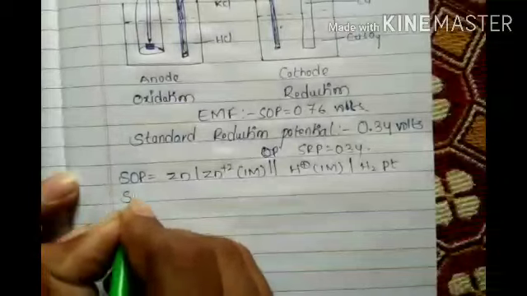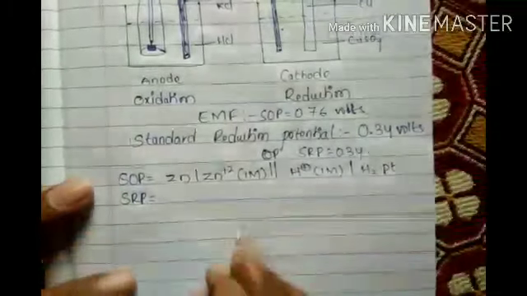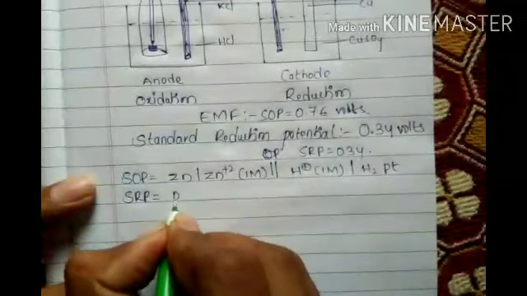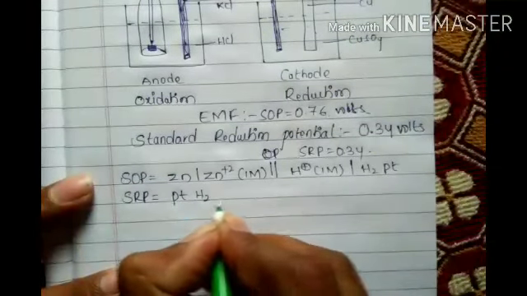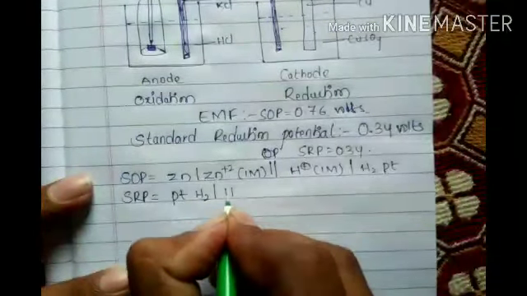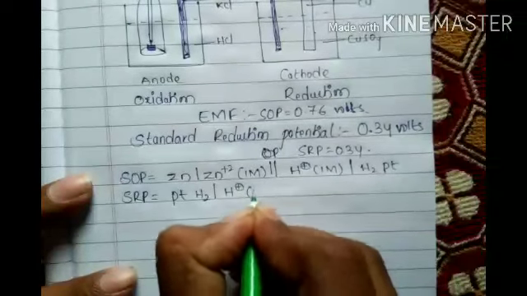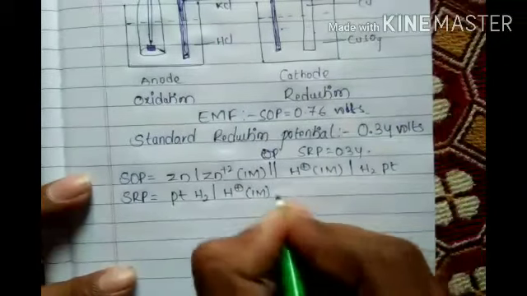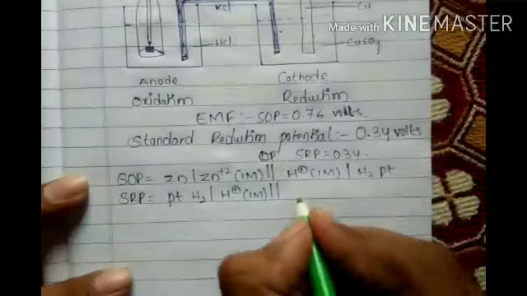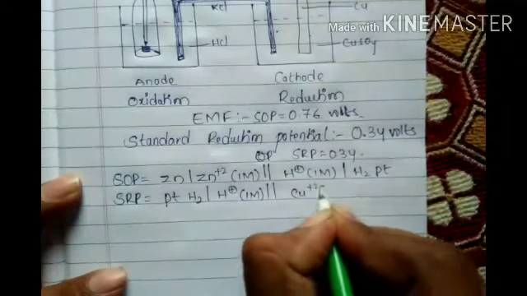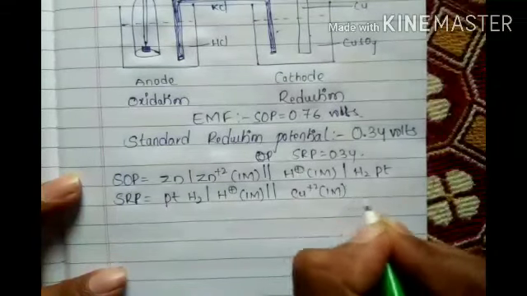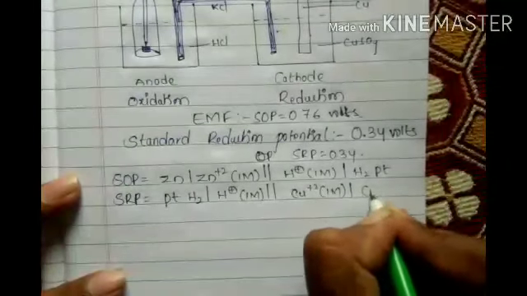Next, SRP. How to write SRP? Pt, H2 gas, single line, H+ 1M, double line, salt bridge, and then what do we take? Cu2+ 1M solution, and single line, Cu.